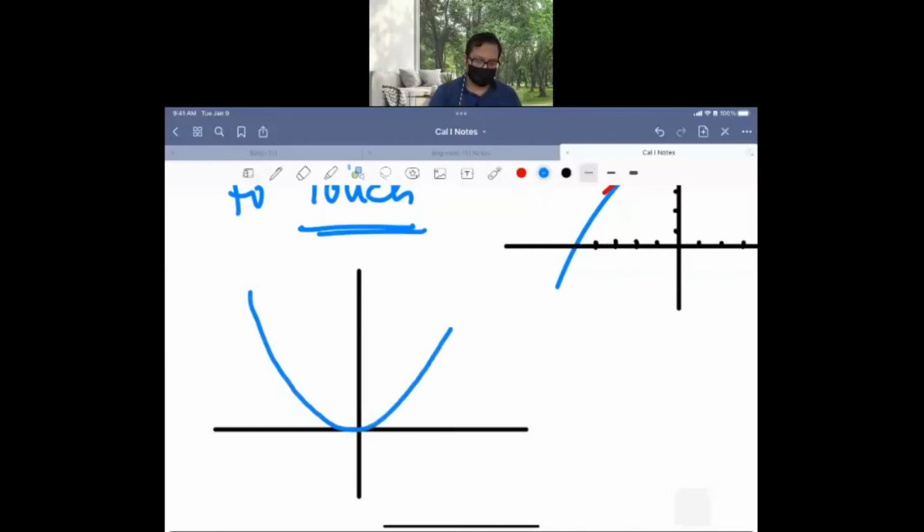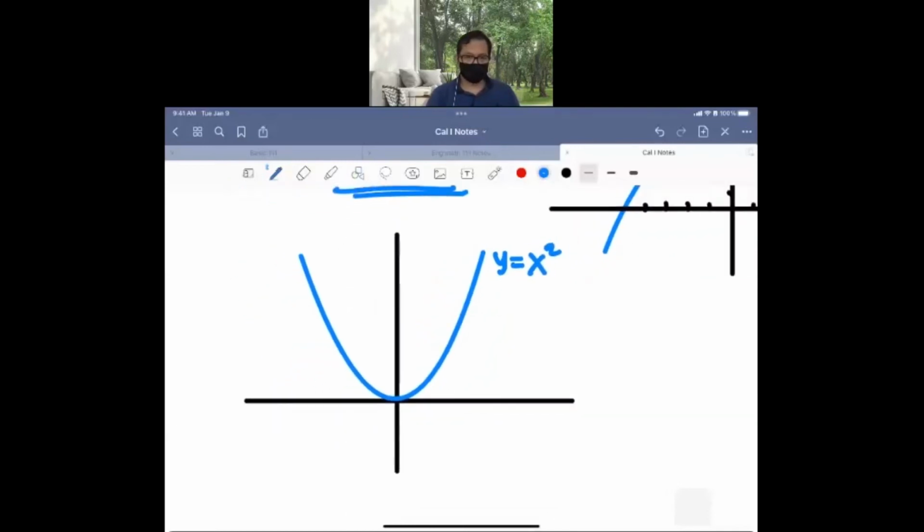Can I just use x squared? Okay, let's say this is our y equals x squared. And then we have a point, maybe here, P. This is one point.